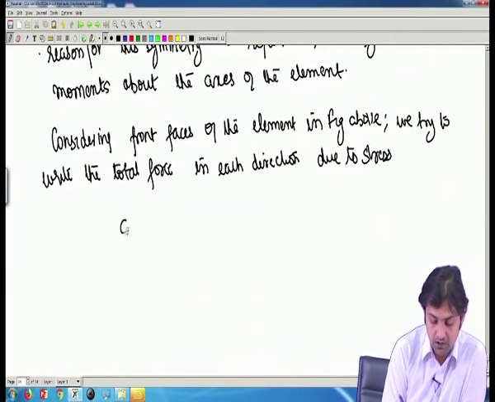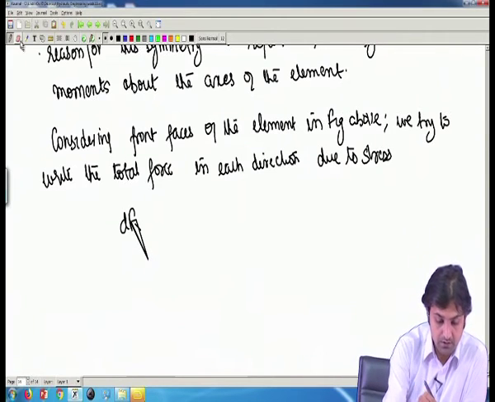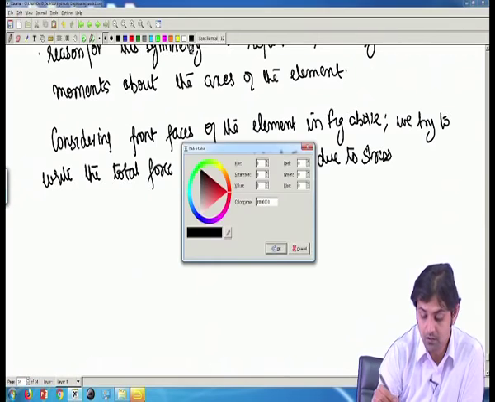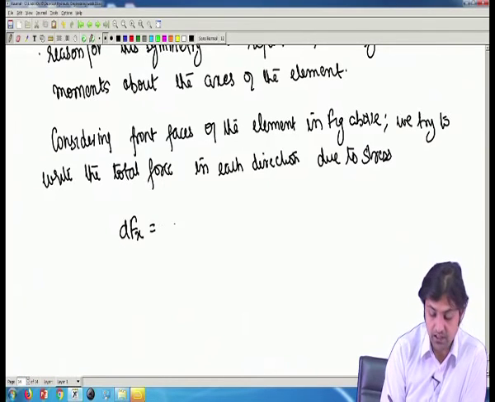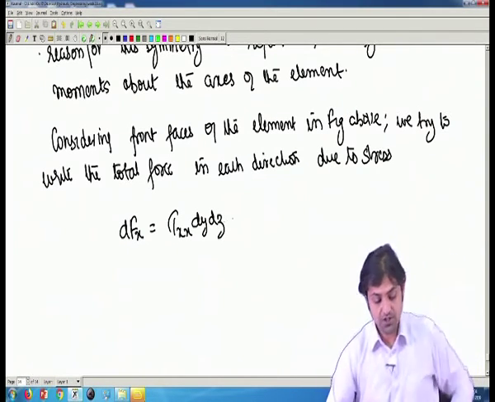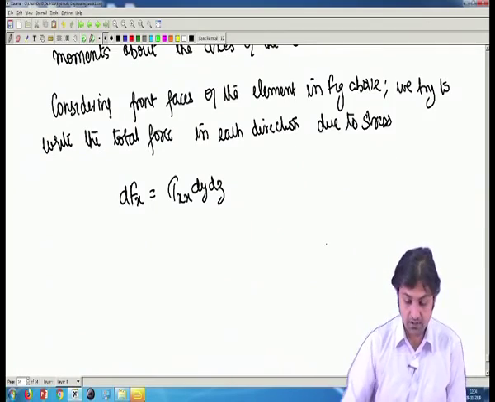So dfx in x direction. Tau xx is in this direction and it's acting over the plane which has an area of dy dz. I should actually show you once for this one.